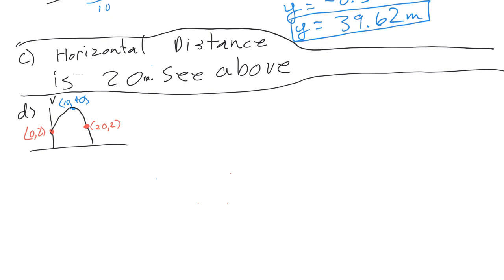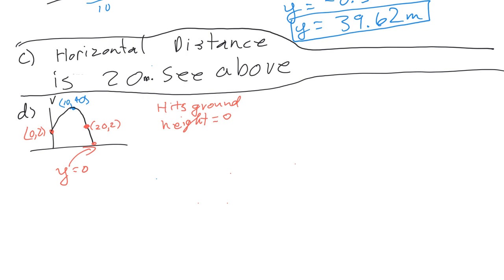Now, when we're asking for when it hits the ground, we say our height equals 0. So in that case, y is equal to 0. So let's go and do some calculations. It's going to take a little bit of time, but you're going to see how this works.